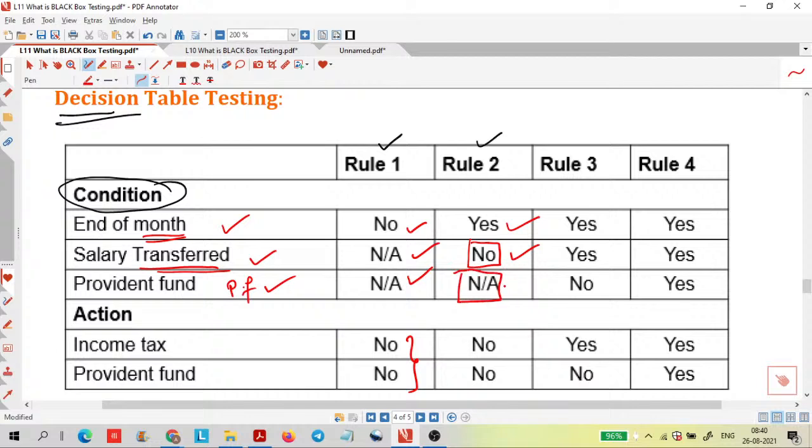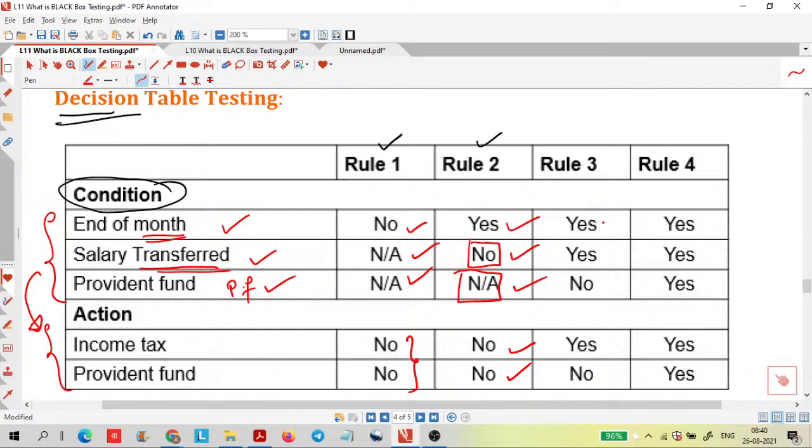Salary नहीं हुआ तो there is no question of provident fund. Then no income tax, no provident fund. Then rule 3. These are some rules based upon that particular condition. These are the actions. Based upon these conditions, these are the actions, right?